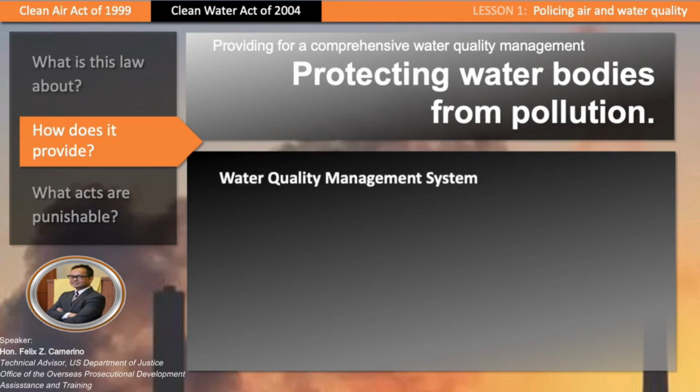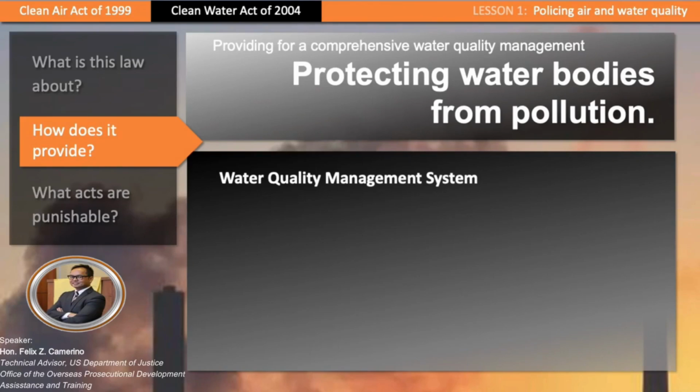Like the Clean Air Act, it also comprises a water quality management system. Of course, the Clean Air Act was an air quality management system. So it's a system that is also based on a number of similar, actually almost identical, things to those in the Clean Air Act.